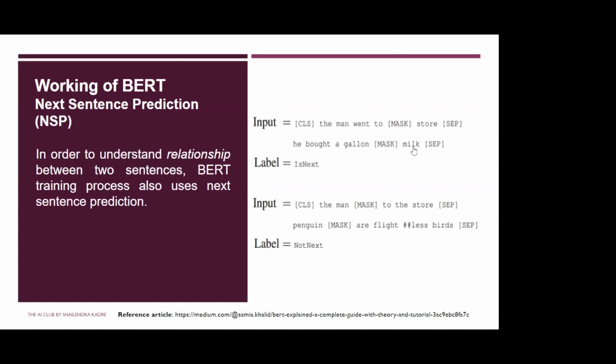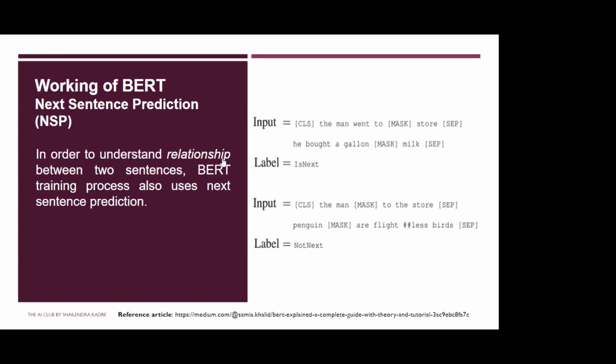You can see these two sentences relate to each other, right? Does the second sentence follow the first sentence? Is there any relationship between these two sentences? So there is a label, IsNext.